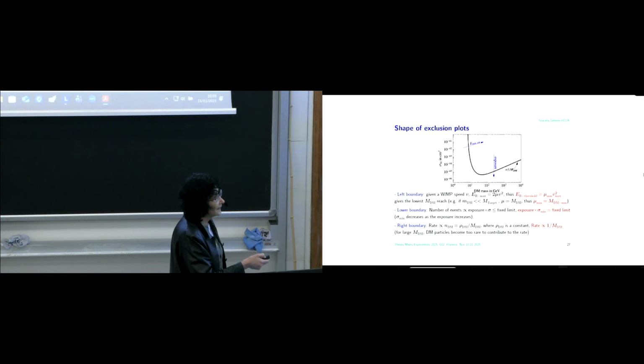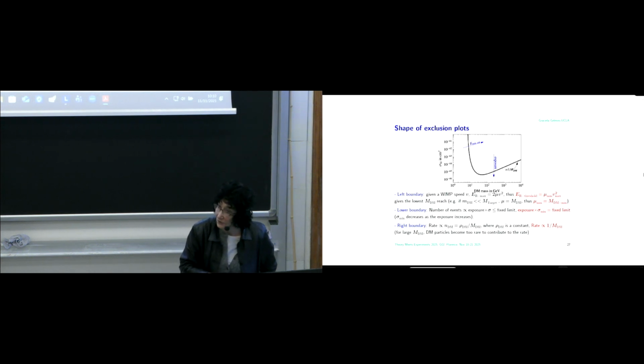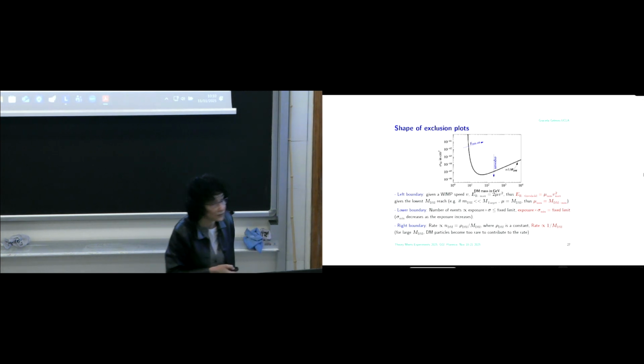And then you put that Vmax, so it depends on your Vmax. What is the minimum reduced mass that you get? In the case, for example, in which the mass of the dark matter particle is much smaller than the mass of the target, then mu, the reduced mass, is the mass of the dark matter, and therefore you get the minimum of the mass. So the minimum of the mass that you get here is directly related to your experimental threshold.